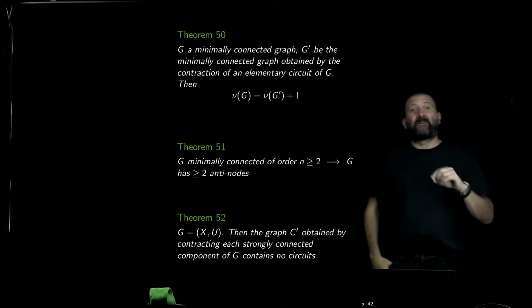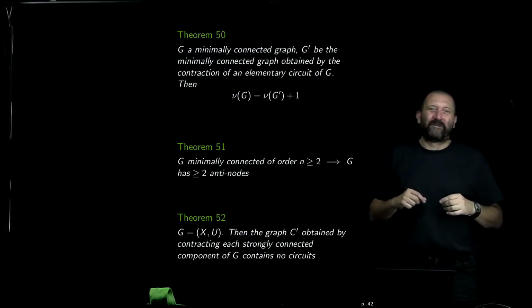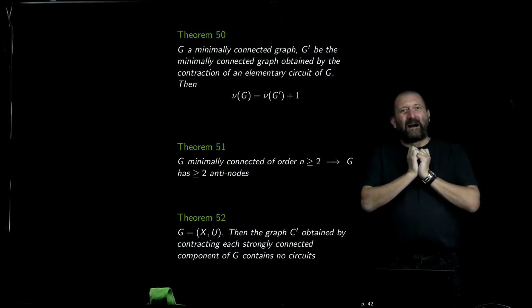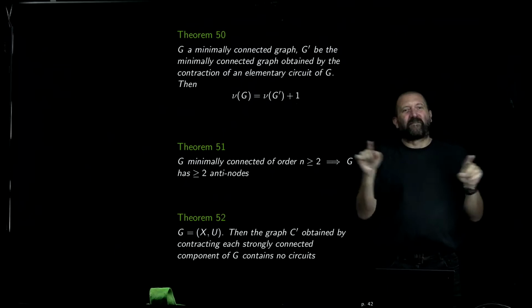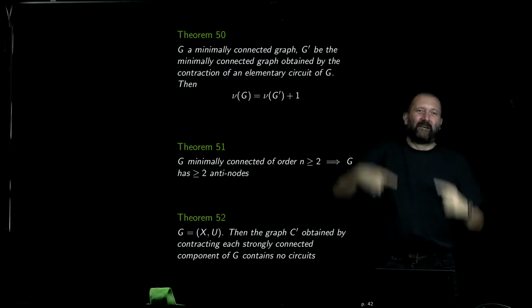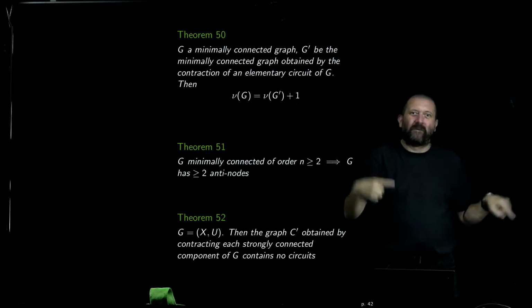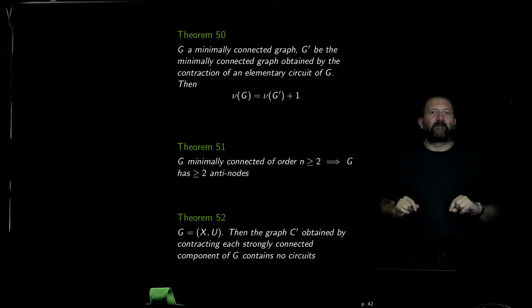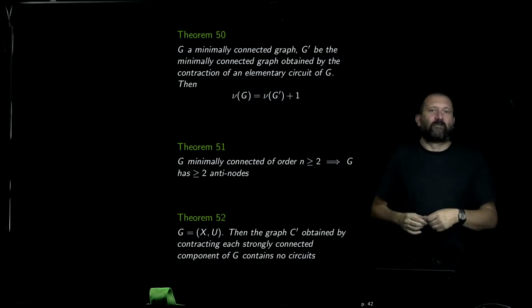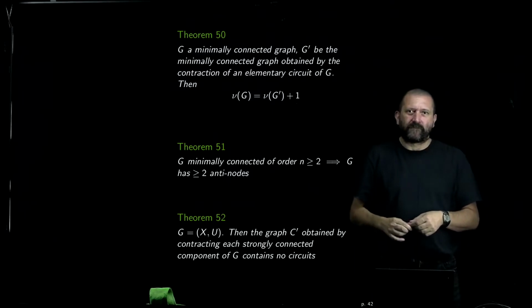Remember, antinodes are those vertices that have 2 incident arcs only, so they're part of a line, essentially. You can go in and go out. So if I have a minimally connected graph of order 2 or larger, then I have to find at least 2 antinodes. Okay.